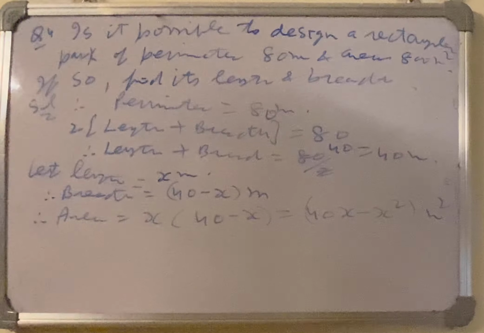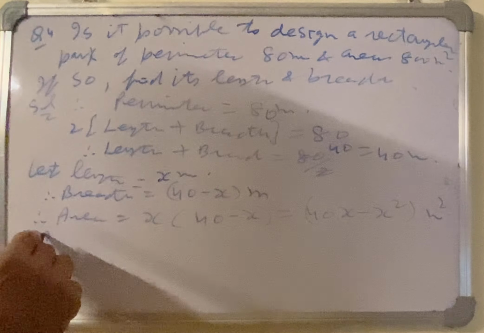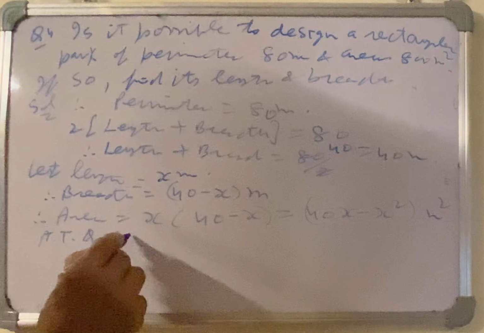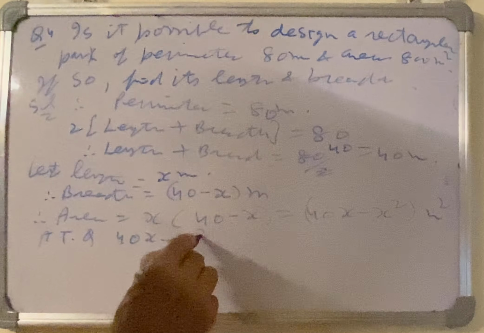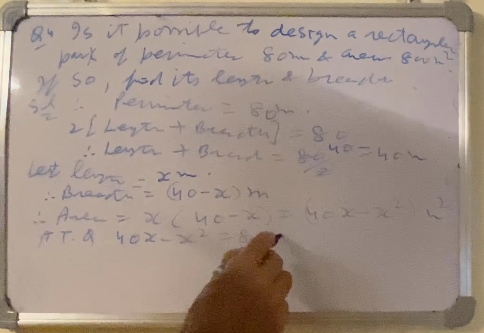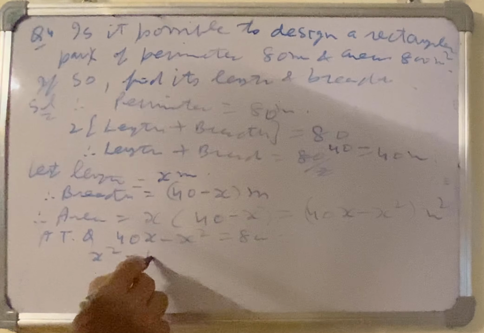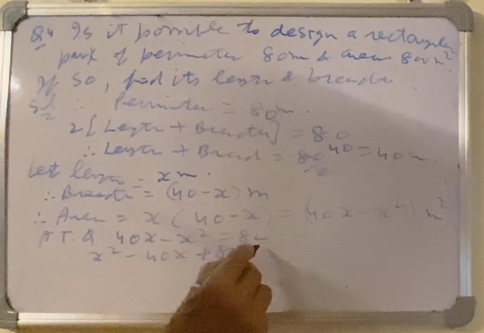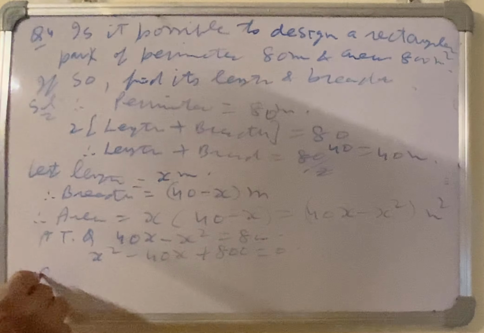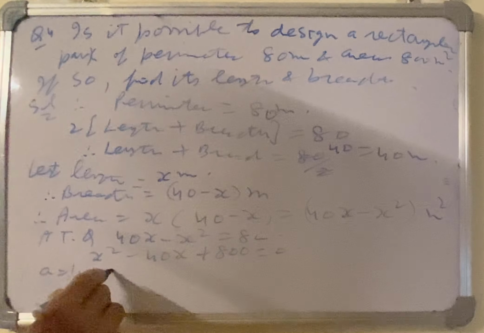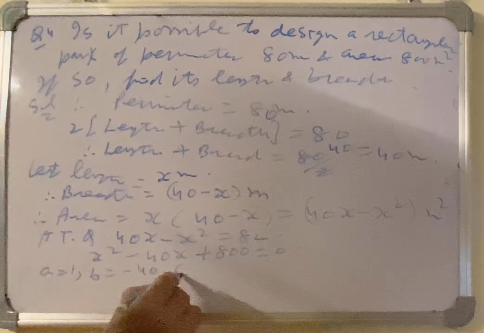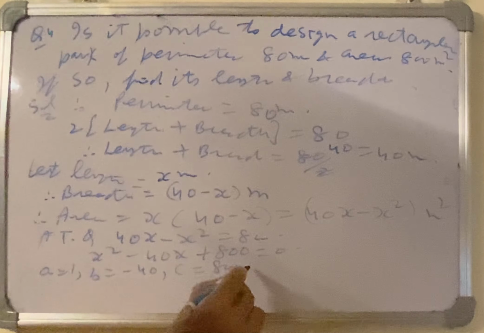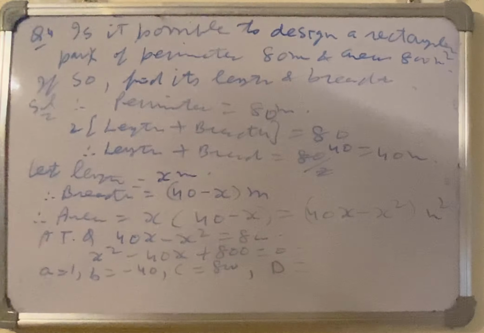According to the question, the area is 800. So we have 40x minus x square is equal to 800. x square minus 40x plus 800 is equal to 0. Here A is 1, B is minus 40, C is 800. So we can find the discriminant.